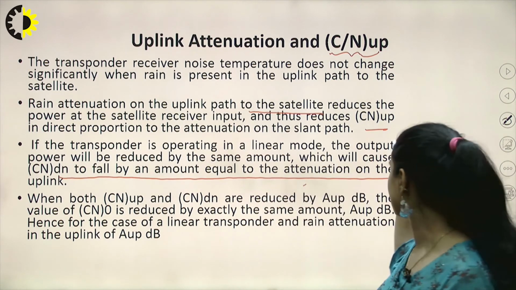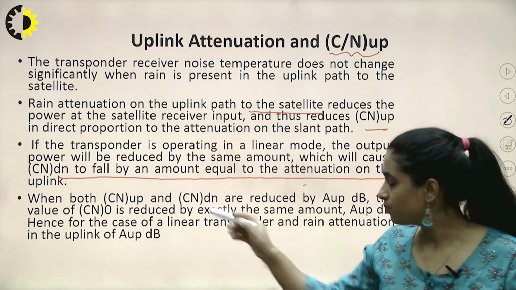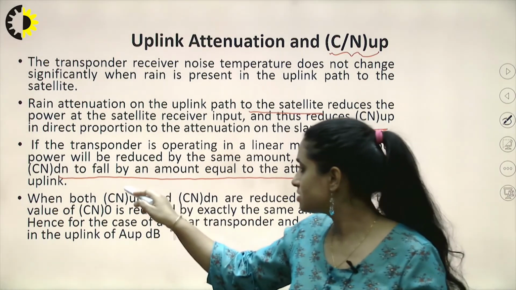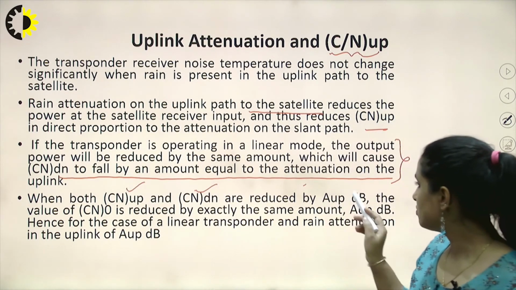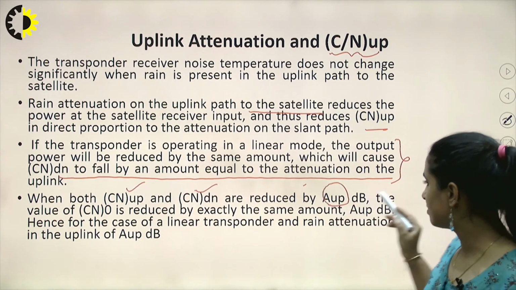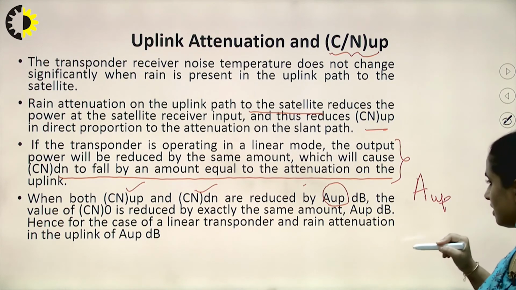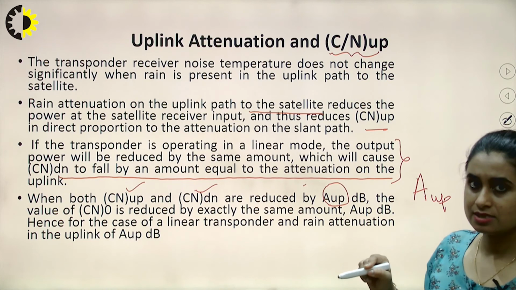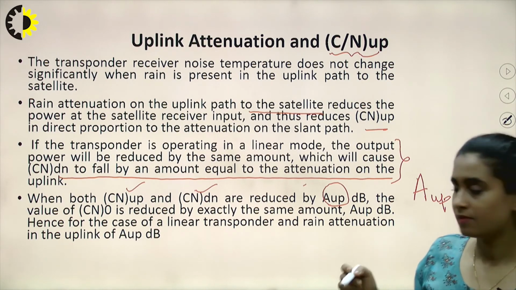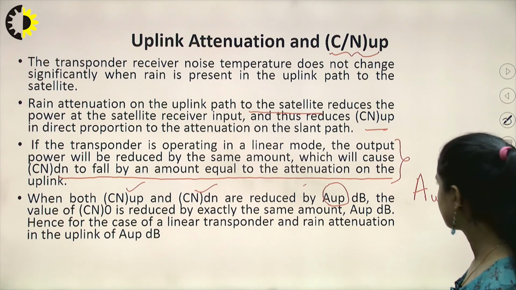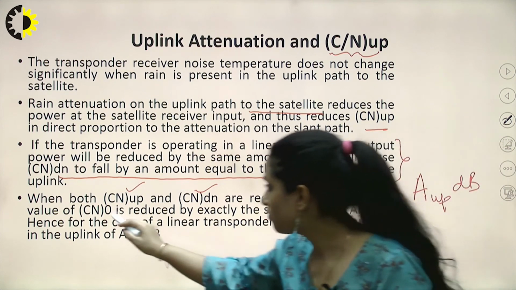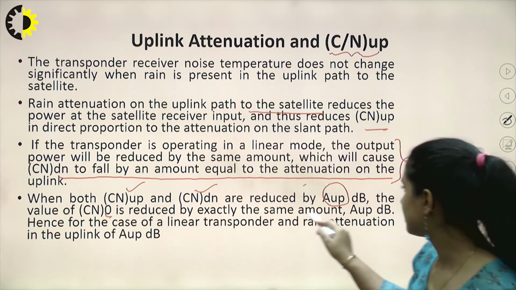So this is compensated. When both C2N up and C2N down are reduced by this much value, this is the attenuation. If I consider attenuation in the uplink, I write it as A subscript up in decibel, right? The overall C2N is reduced by exactly the same amount.